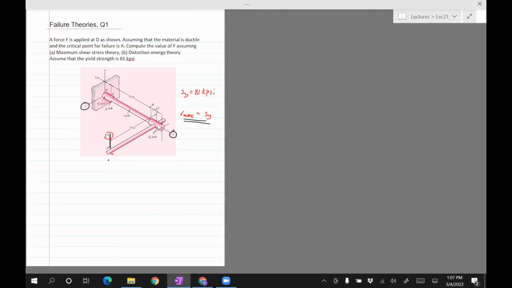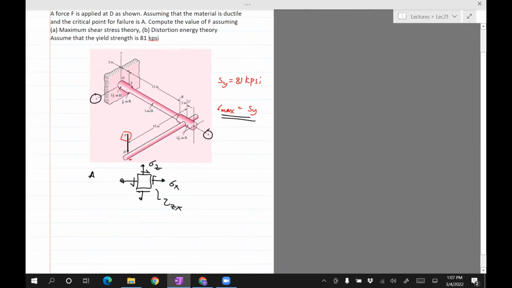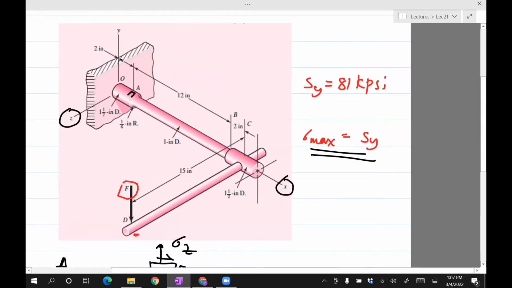Okay, so again, I'm going to draw the stress element at A. And that stress element looks something like this.